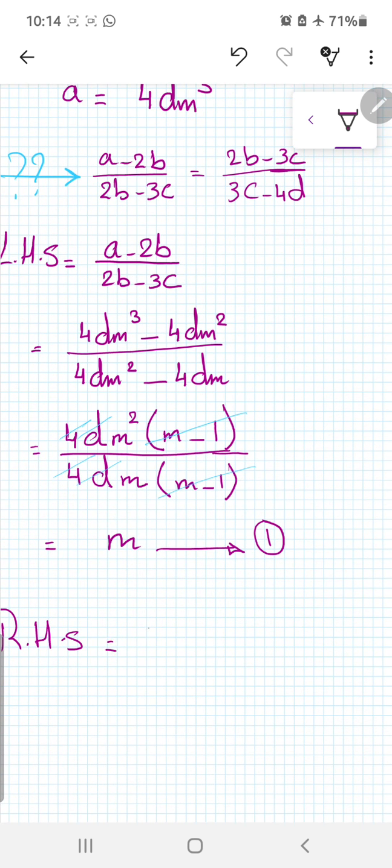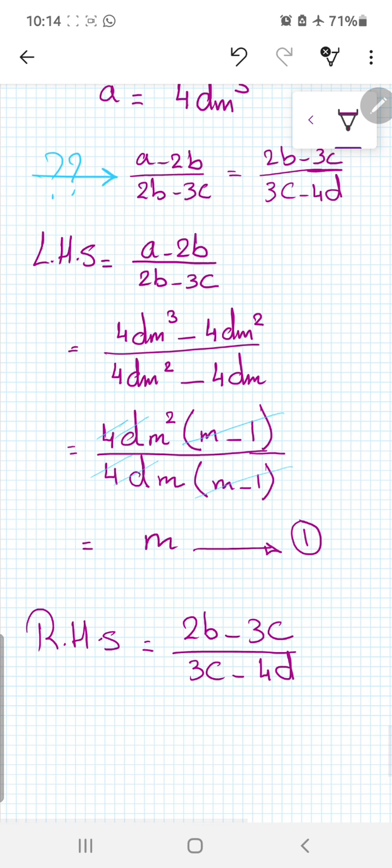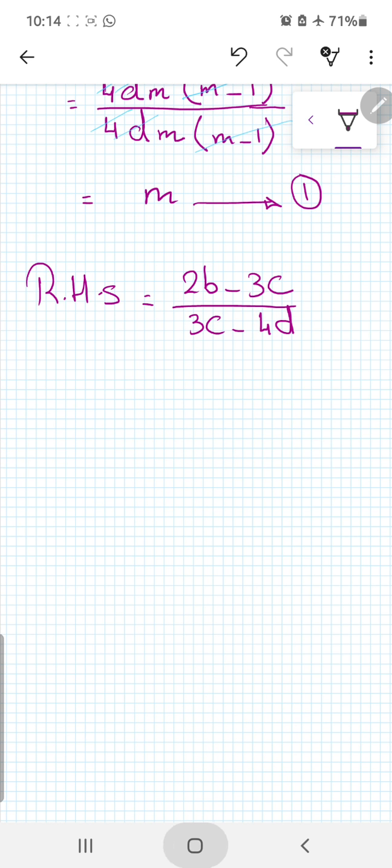2b minus 3c over 3c minus 4d. Okay, by substitution, 2b as we said 4dm power 2 minus 3c 4dm over 3c 4dm minus 4d.